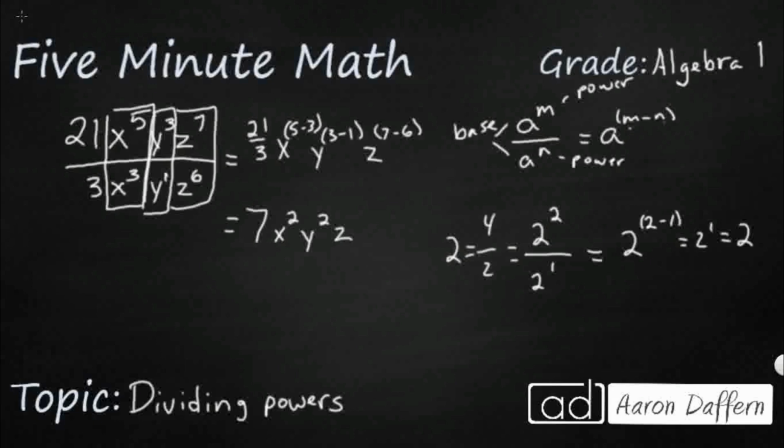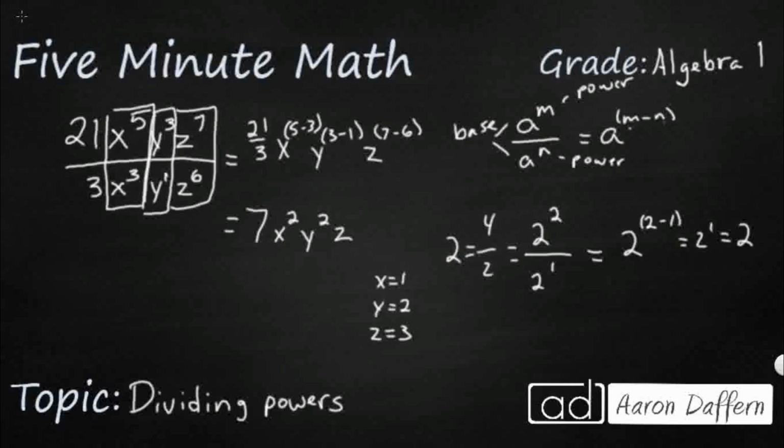Now, how do we know that really works? Well, let's substitute. Let's say x equals 1, y equals 2, and z equals 3. Let's see what all this turns out being.